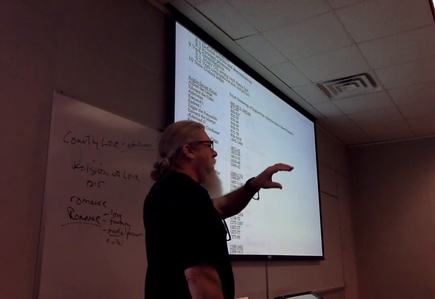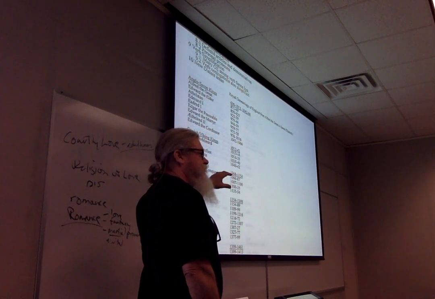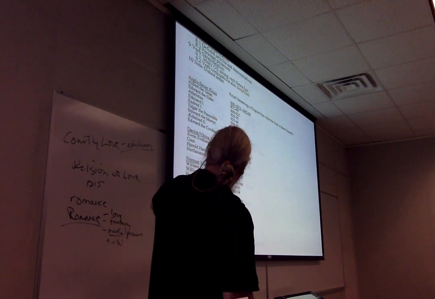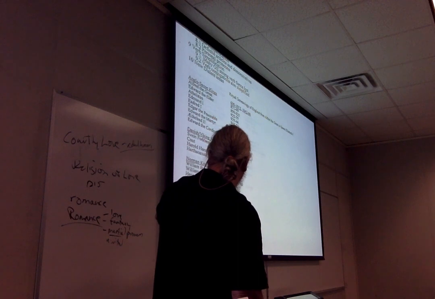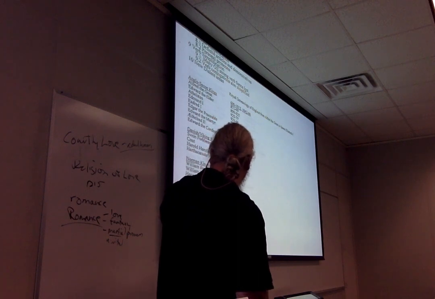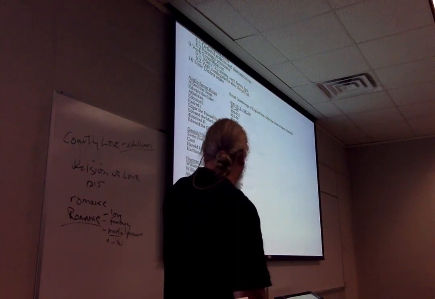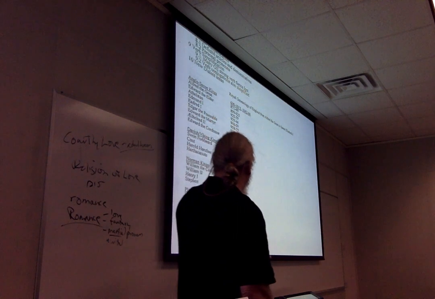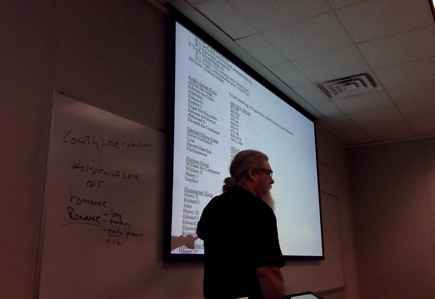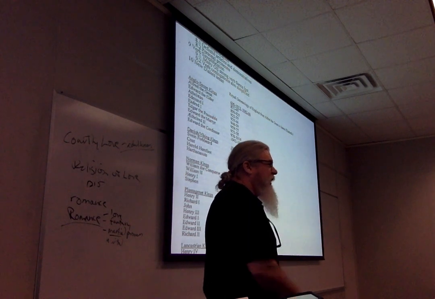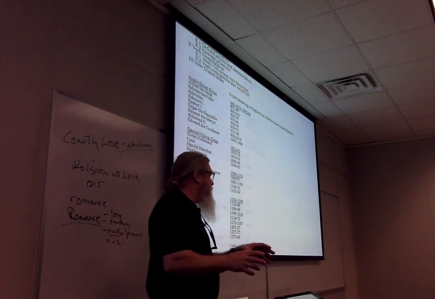He had a bunch of sons. No, Edward III had a bunch of sons, like 6 or 7. Each son is given a dukedom.